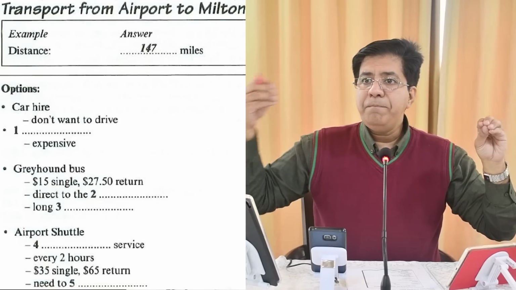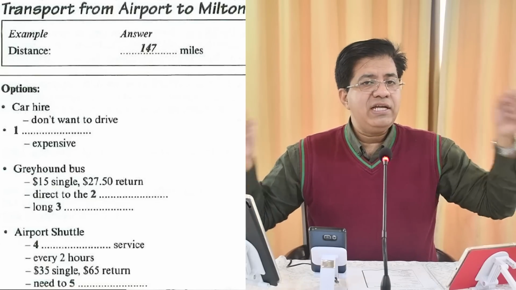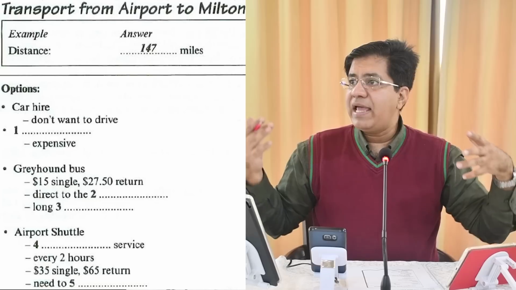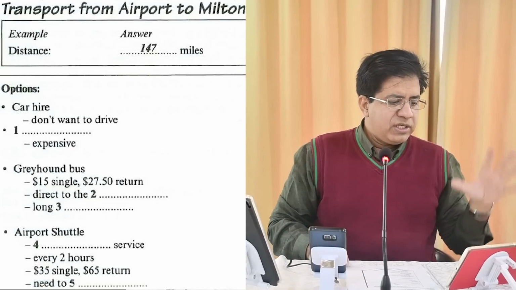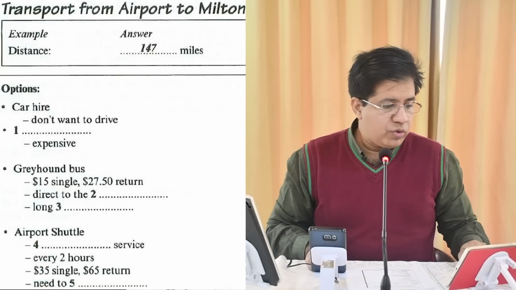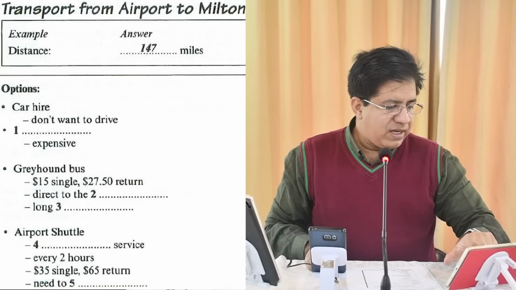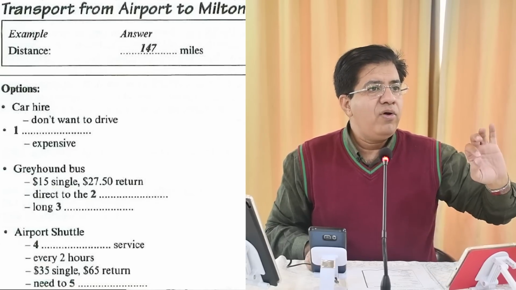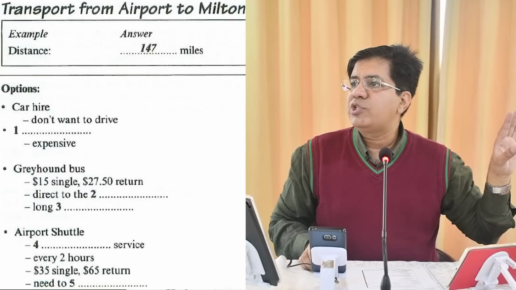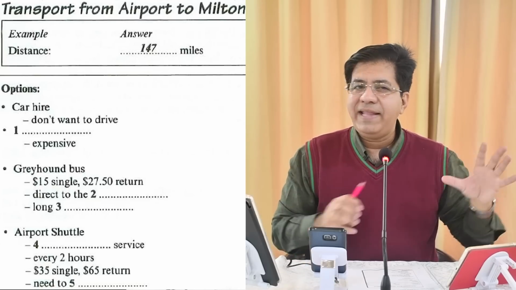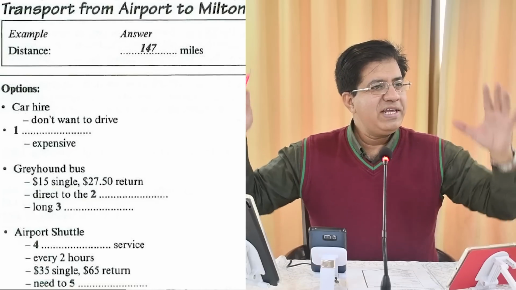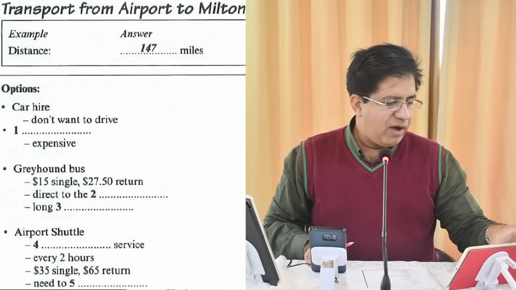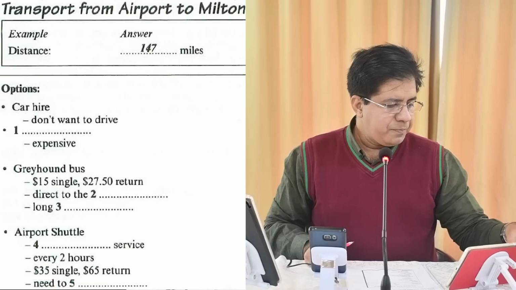Milton can be a city, hotel, or any other place like that. One question is already done. This is what we call an example question, but now they have removed it, because students used to spend that time on section 4 reading the questions.